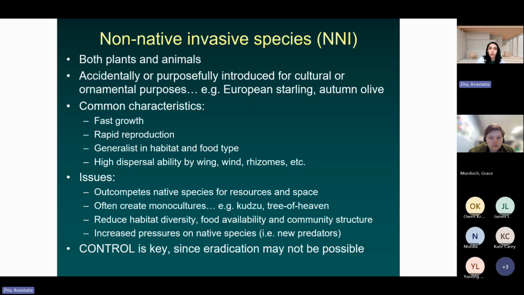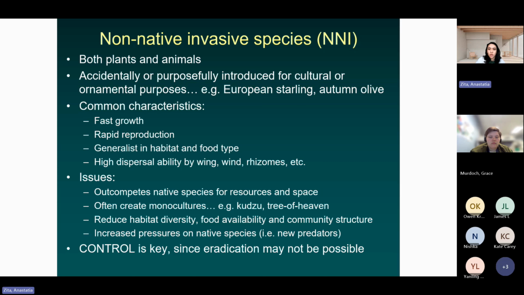So both plants and animals can be accidentally or purposefully introduced to an area for cultural or ornamental purposes. So, for example, the European starling and autumn olive were intentionally introduced.